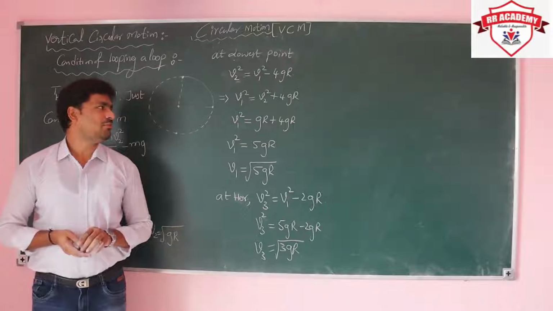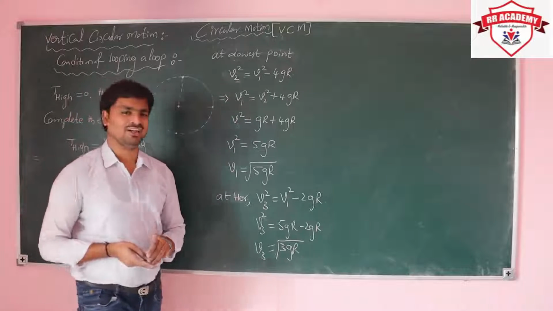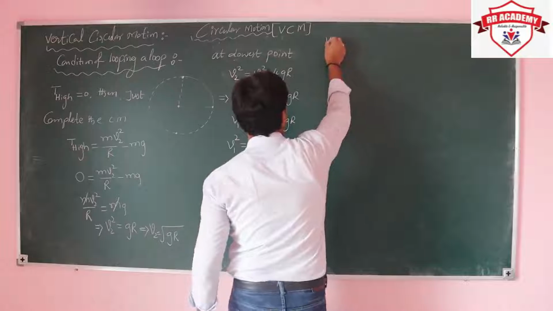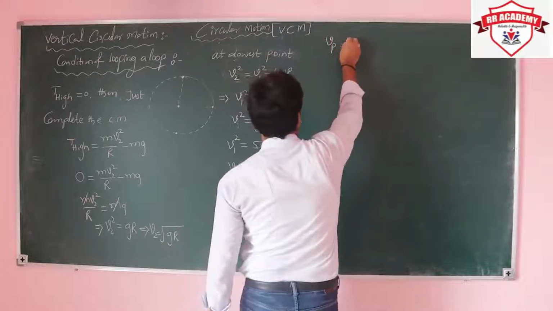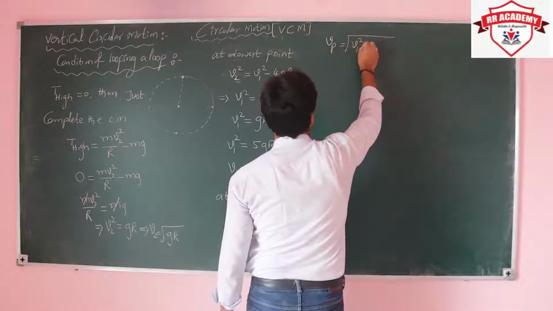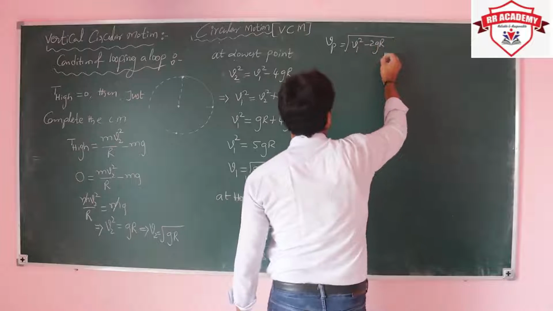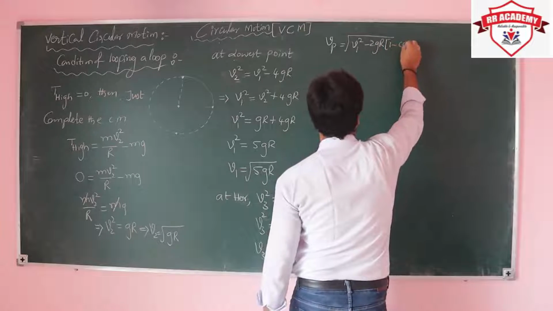Now we will give you a formula to find velocity at any point. Velocity at any point is equal to under root of v1 square minus 2gr times (1 minus cos theta).